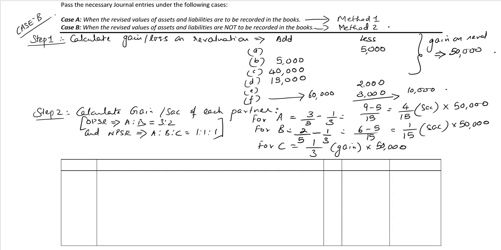So the journal entry solution: date, particulars, LF number, debit rupees and credit rupees.